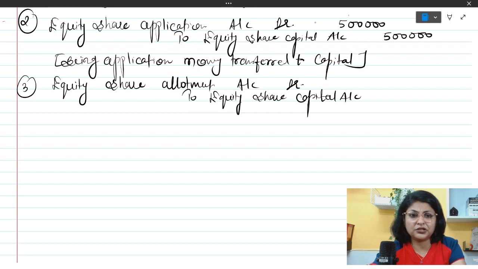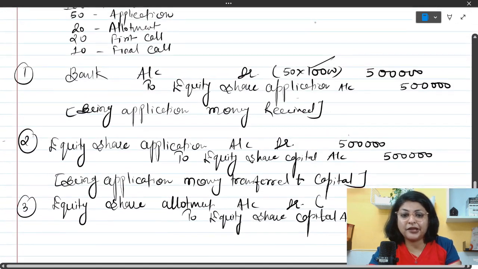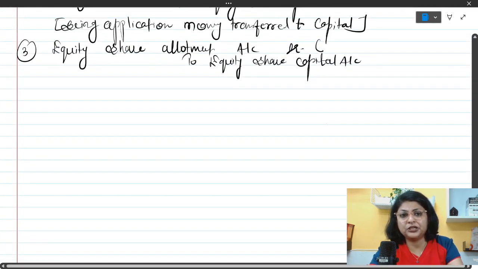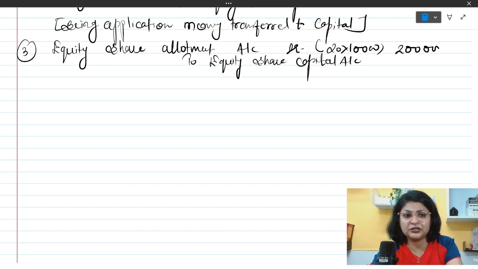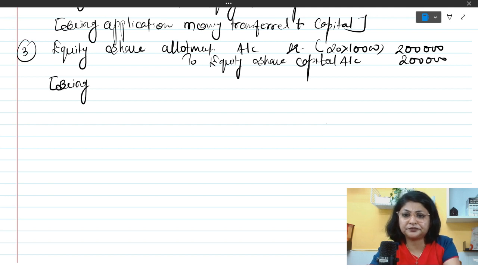And the amount is going to be, what was the amount? 20 rupees per share multiplied by 10,000 shares. So this is going to be 2 lakh rupees. Being allotment money due.